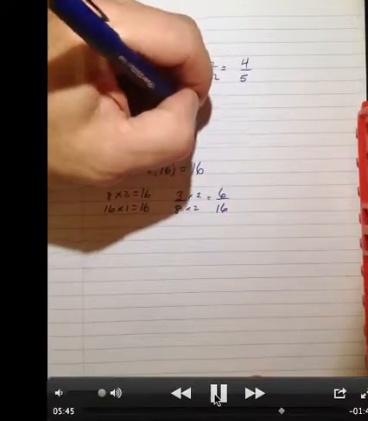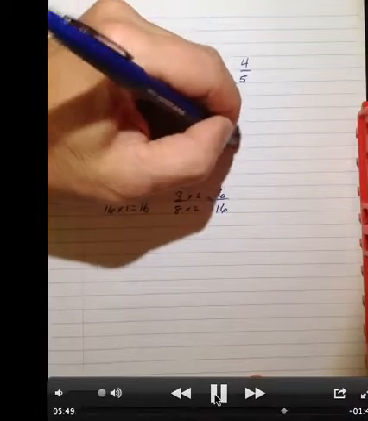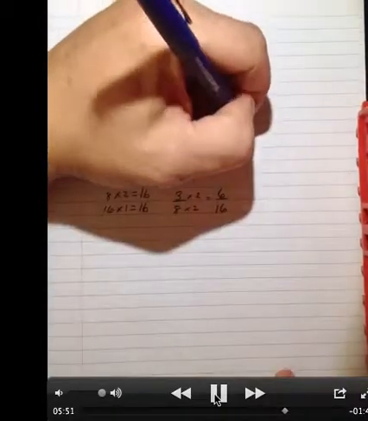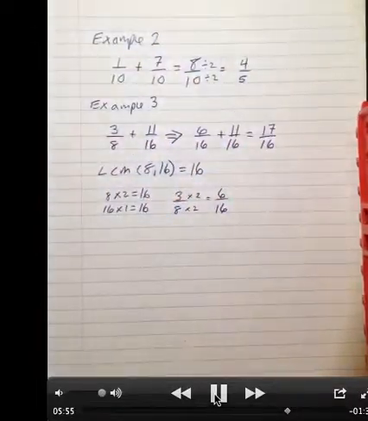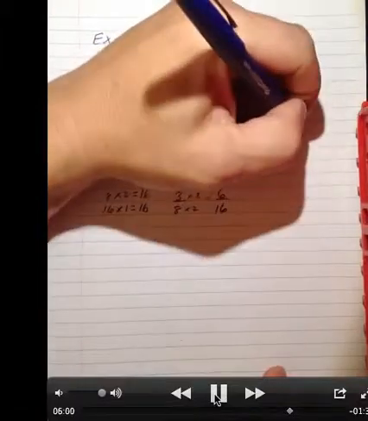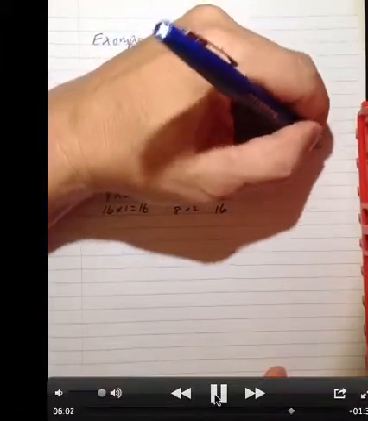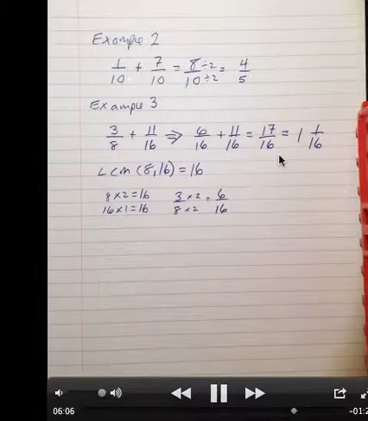So we change the symbols, but we don't change the value. 6/16 plus 11/16 is equal to 17/16. That simplifies to 1 and 1/16. If you still want some help on this part right here, then go back to the previous lesson.